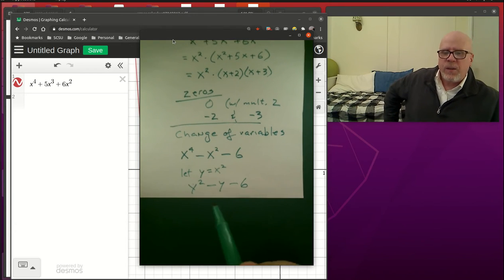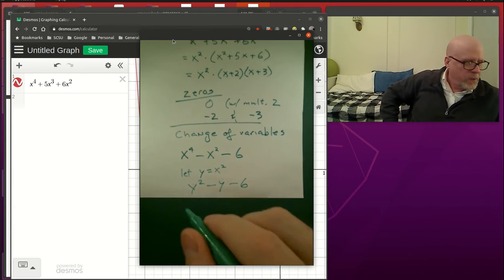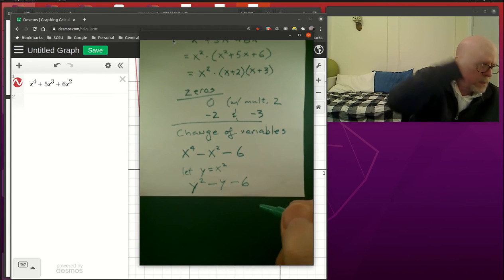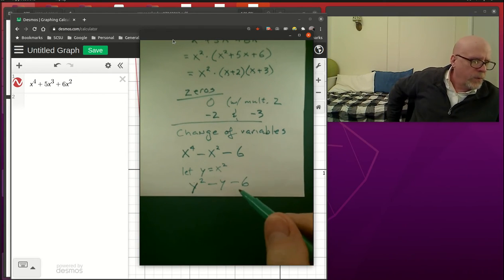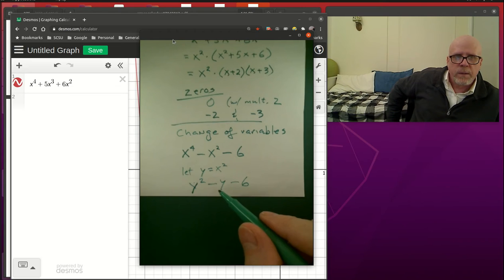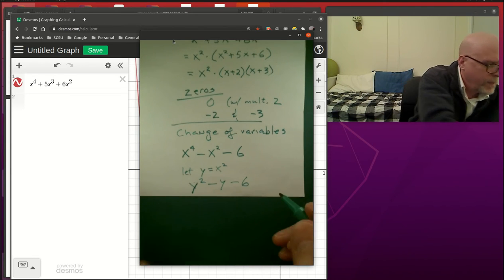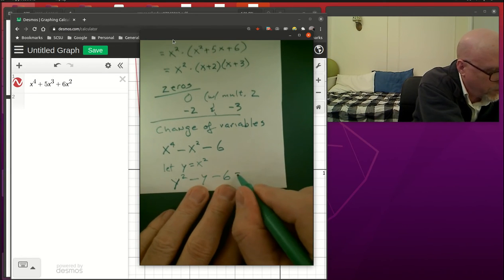Can you factor that? Okay, change it back. Think about it as x's if you like. x squared minus x minus 6. We've got a positive number times a negative number whose product is 6, and the sum is 1, but it'll be the difference because I know one of them is negative. Well, I guess it's pretty easy to factor that, isn't it?